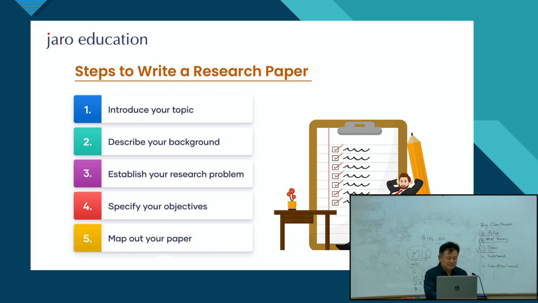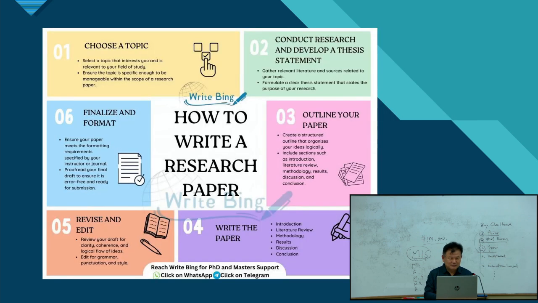The next step to write the research paper is to specify your objectives. You cannot choose everything, so you choose only one specified topic. And map out your paper. Then just directly make the body. These are the writing research paper steps.